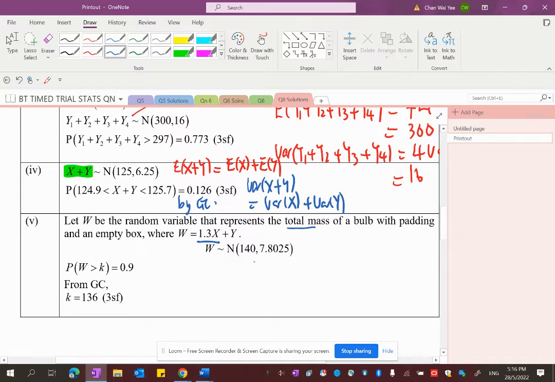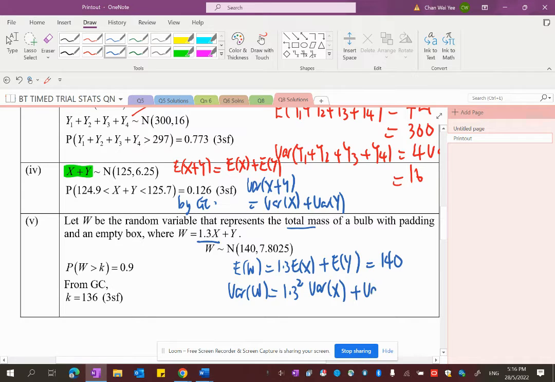And how do you find the mean? The mean would be 1.3E(X) plus E(Y), which is 140. You can check. For variance, Var(W) would be 1.3 squared Var(X) plus Var(Y), which is 7.8025.